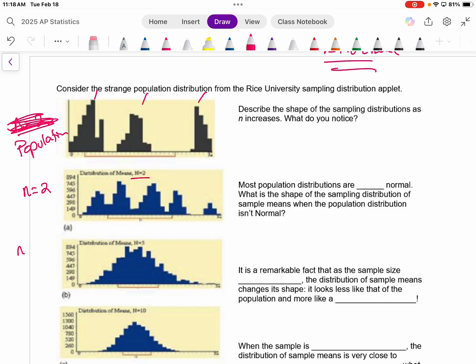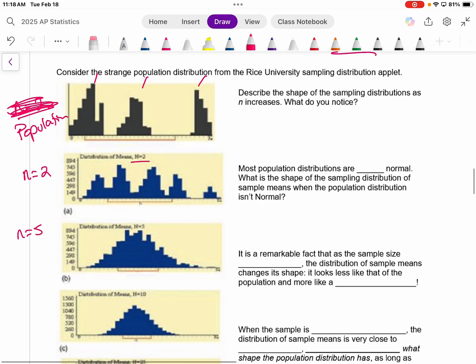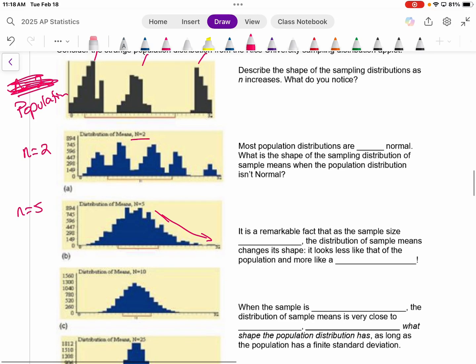Next example was sample size 5. Spread got smaller again. What also do we notice about my picture now? Is it starting to become approximately normal? All right, it's looking like it. It's getting a nice little shape here. It may still have a little bit of a tail on the right side to be a little skewed. Now the next one is sample size n equal to 10.